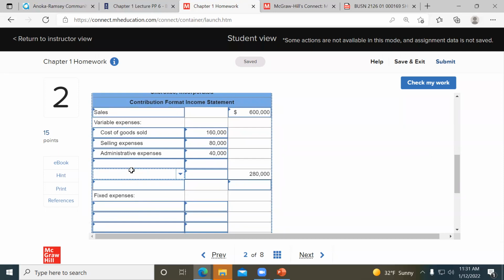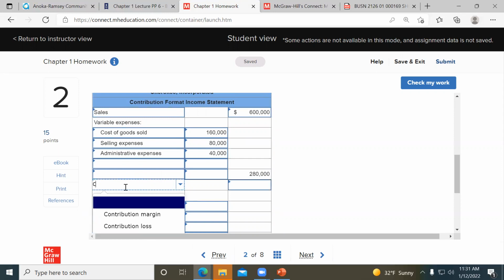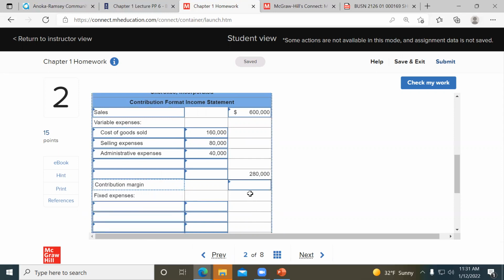This will be our contribution margin, which is the difference. 600 minus 280 would be 320.